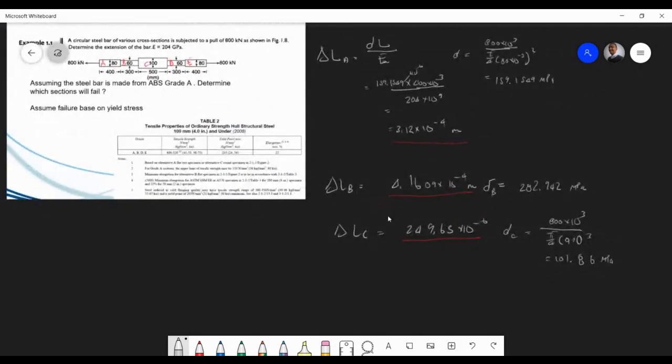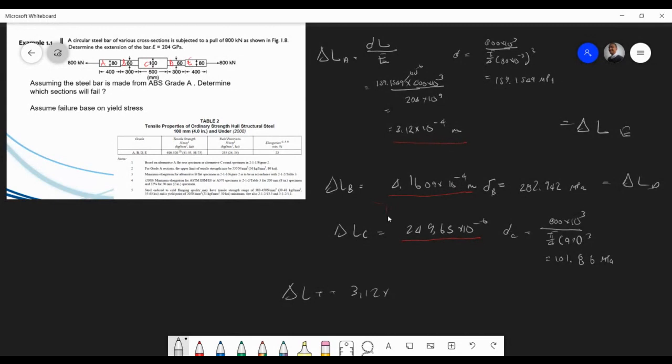And what we do now, we can tally, we can add up the total length, the total extension. So we know A and E are the same, and B and D are the same. So we add them all up.